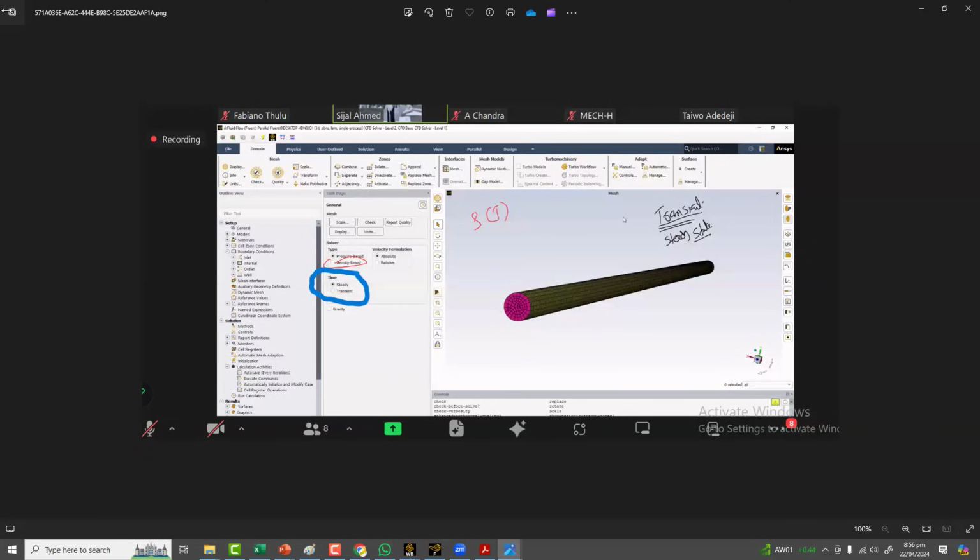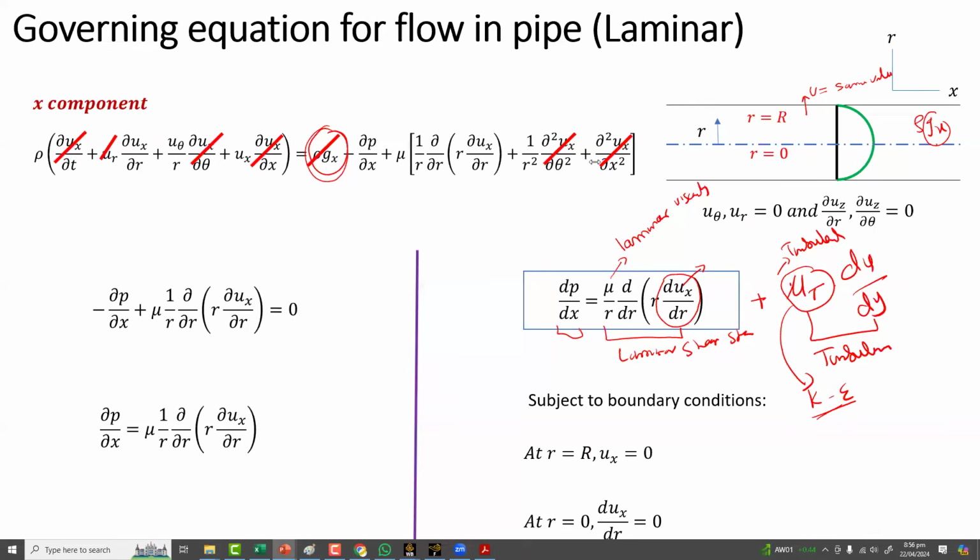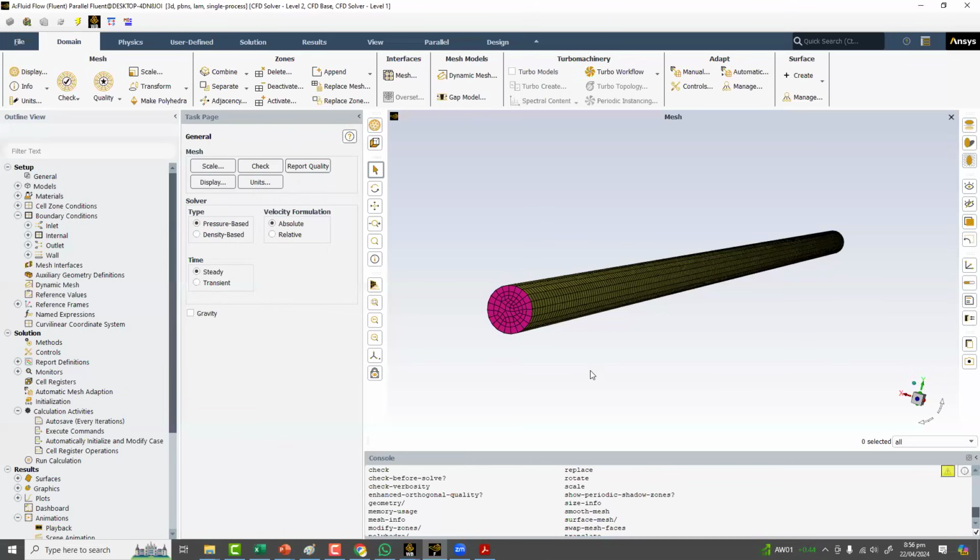These two you're talking about? Yes, Professor. Okay, so okay. So pressure based and the second one is the density and the okay. Okay, I will discuss this thing.